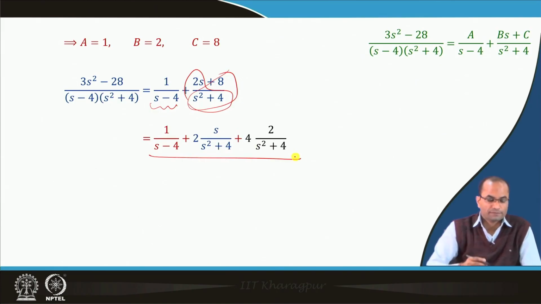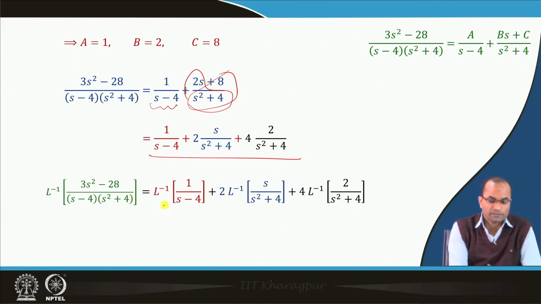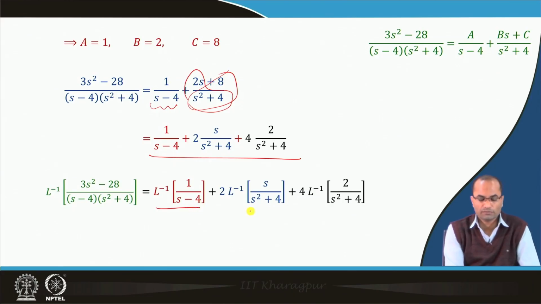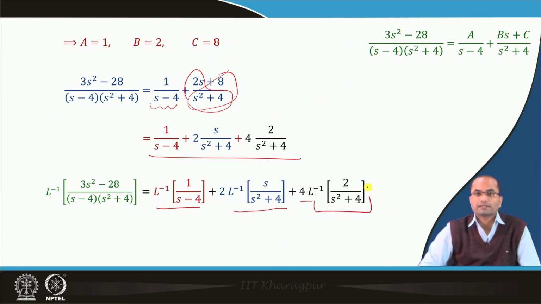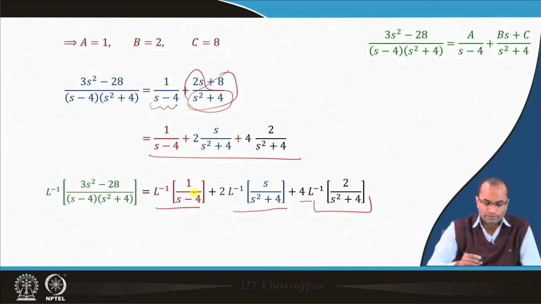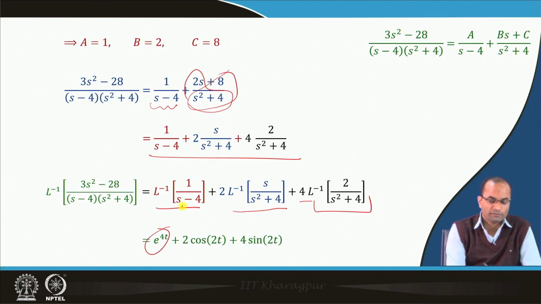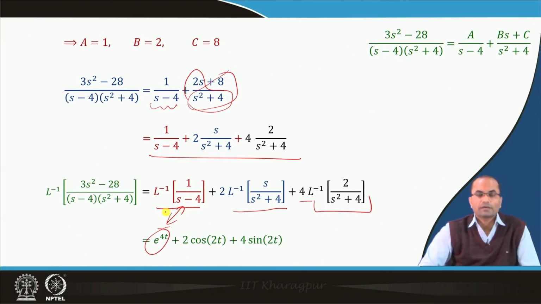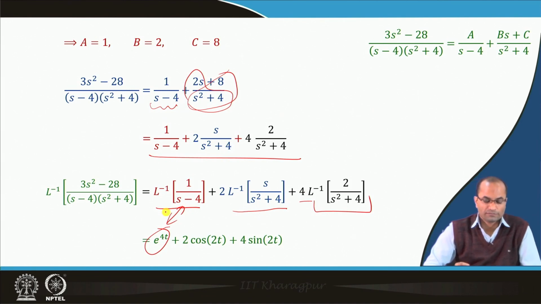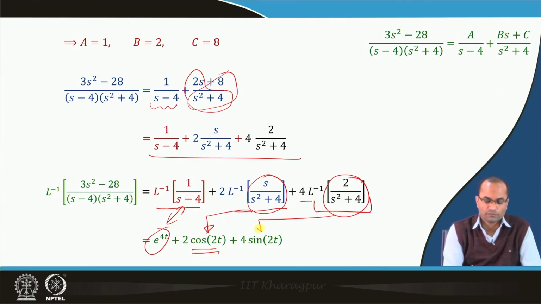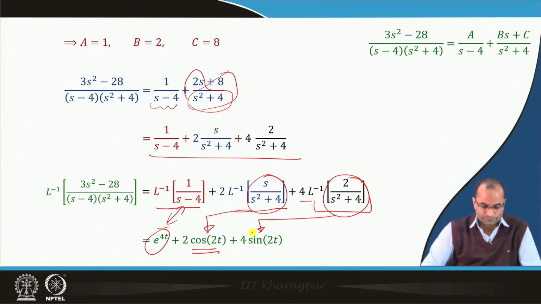So now we can get the Laplace inverse: the Laplace inverse of 1 over s − 4, of s over s² + 4, and for the last term 4 times the Laplace inverse of 2 over s² + 4. We have the direct results now: e^(4t) is the function whose Laplace transform was 1 over s − 4; s over s² + 4 is a known function, cos 2t; and 2 over s² + 4 gives sin 2t.